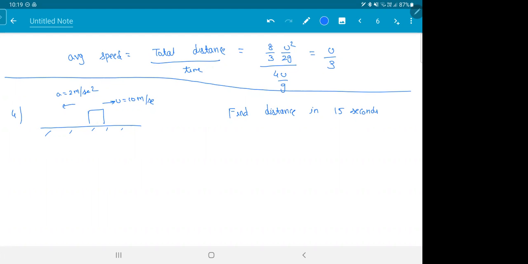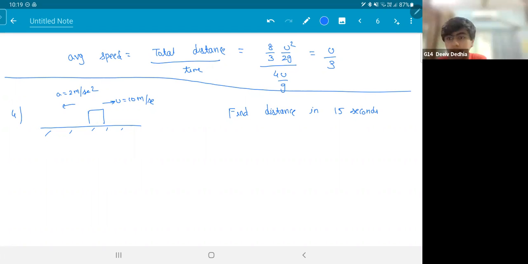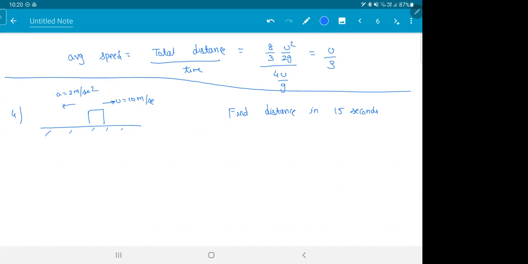Try. Just to give you a hint, S is equal to ut plus half at square. What is S? Displacement. It never gives you distance. You're right, Nirek.